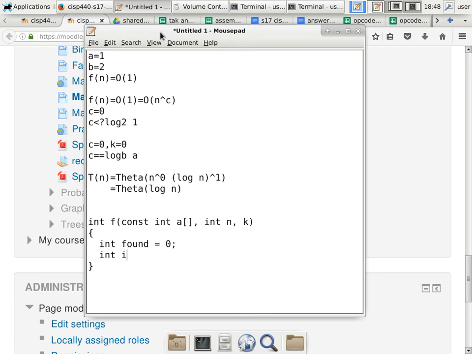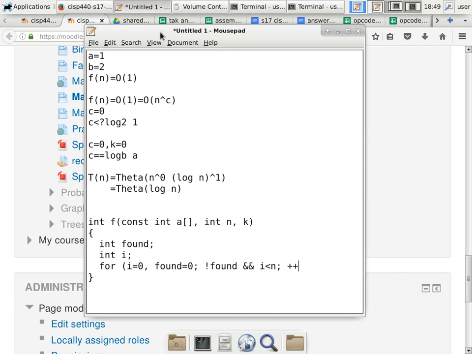So the one way to answer this question is we say found is false to begin with, and then we have another variable to control the indexing through the array, and then we say for i equals to 0. Okay, so we don't need to initialize it here, and we can also do the initialization of found here. Found equals to 0, as long as we haven't found what we are looking for, and i is less than n, where n is the number of elements in the array.